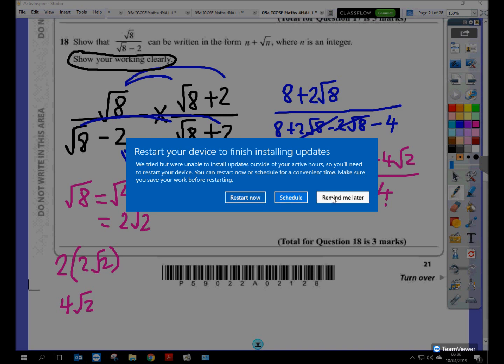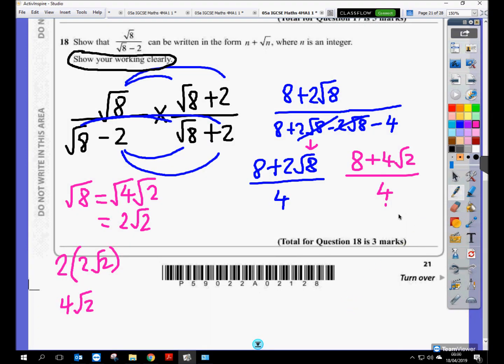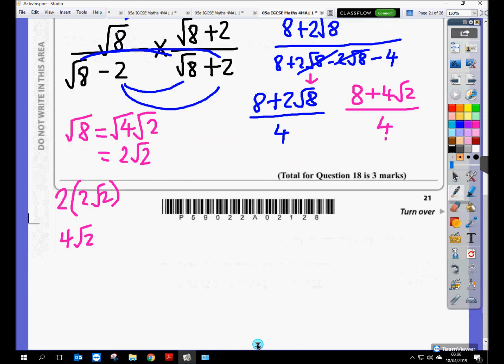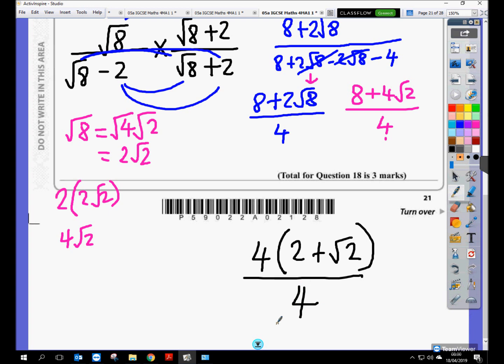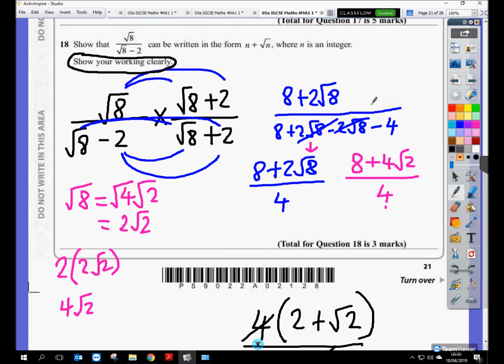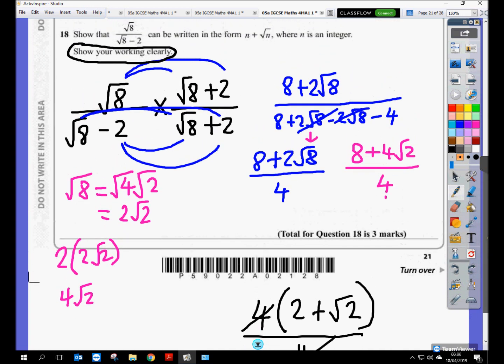And on the top, I can factorize a 4 out. So we've got 4 brackets 2 plus root 2. And now I can cancel a 4 with a 4, and it leaves me with the answer 2 plus root 2, which is in the correct format, you see, n plus root n.